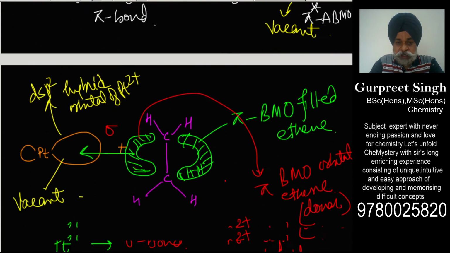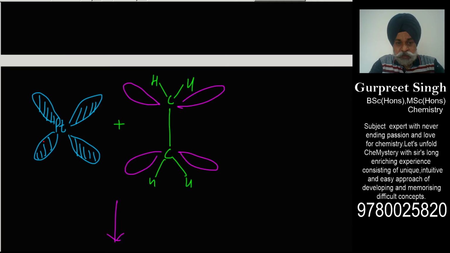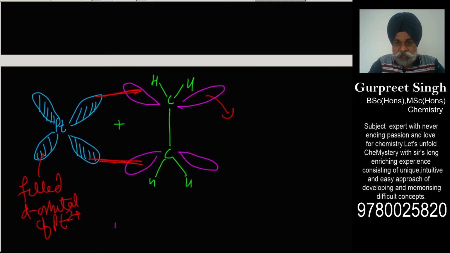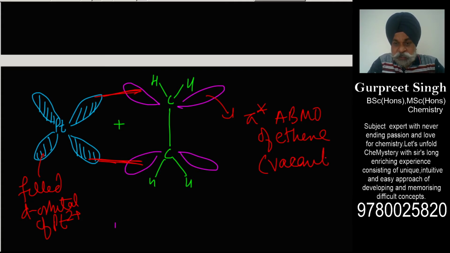So one of the filled d orbitals of platinum 2 positive does a sideways overlap with the pi star anti-bonding molecular orbitals of ethene, which are vacant.